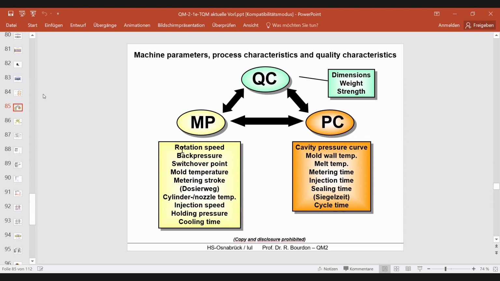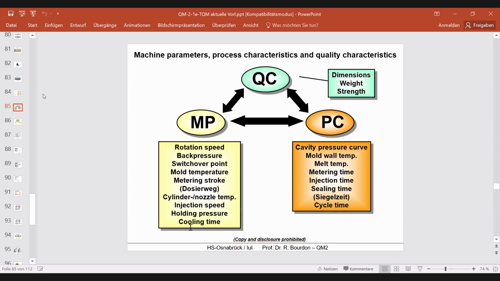And in this example here, every parameter here can be changed without influencing another parameter. So it is possible on the machine to change the mold temperature, and independently from this, you can change the rotation speed, the back pressure, the switchover point, the holding pressure, the cooling time.